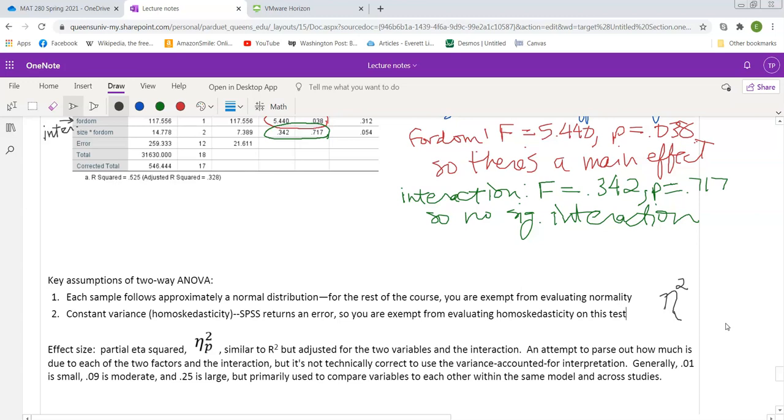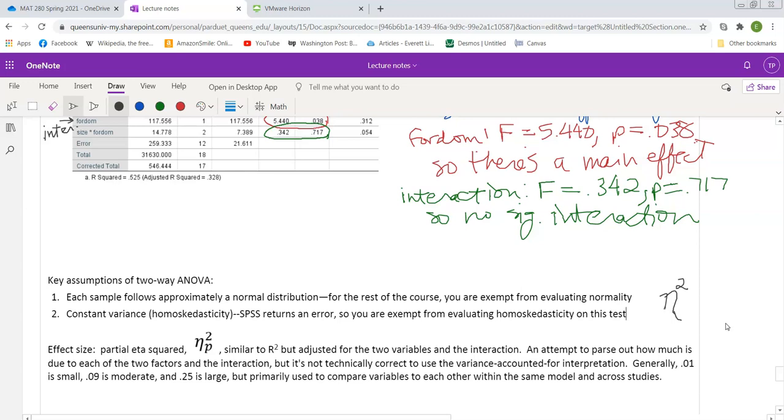Partial eta squared is a less than ideal measure of effect size. It's an attempt to figure out, of your two variables and your interaction, how much of the variability in your dependent variable can be explained by each one of these.